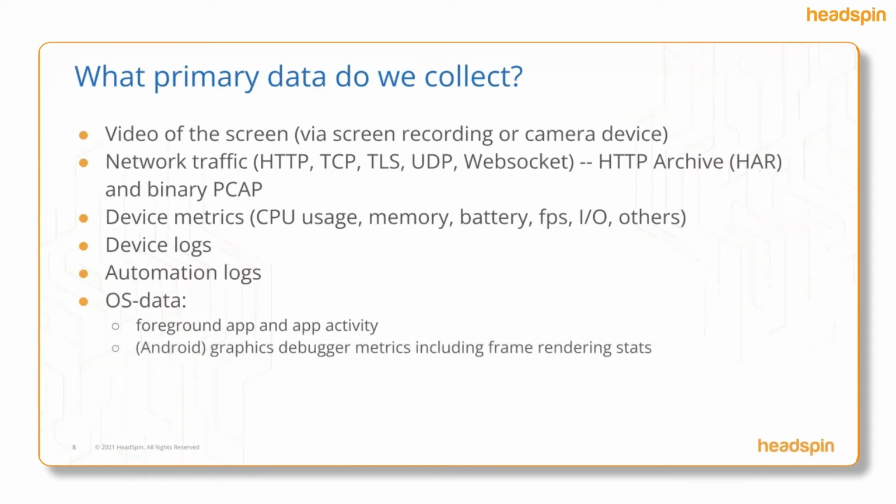For Android, we support the graphics debugger metrics, including frame rendering stats like janky frames, slow UI thread, frame render percentiles, and so forth, as well as user applied annotations. So when we interface with these devices, we capture a wide variety of data streams, and then users can also apply their own data via session tags and session labels.